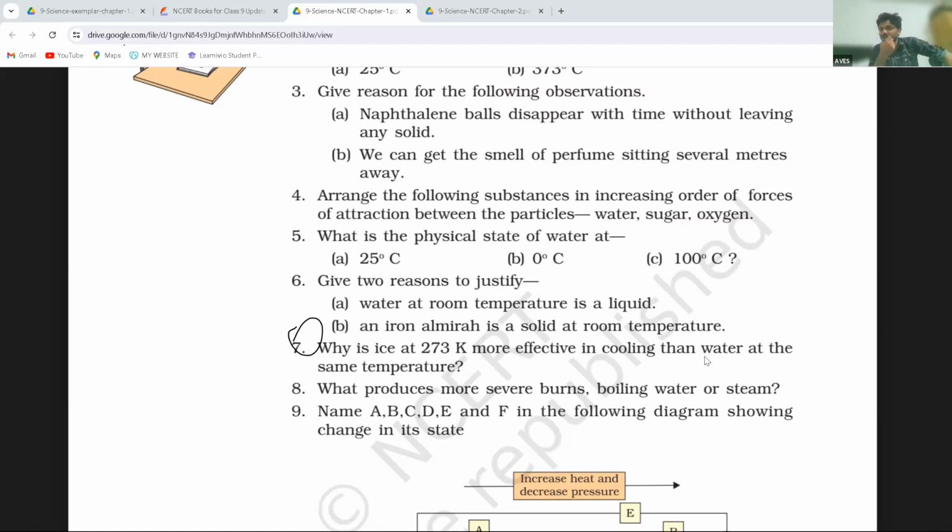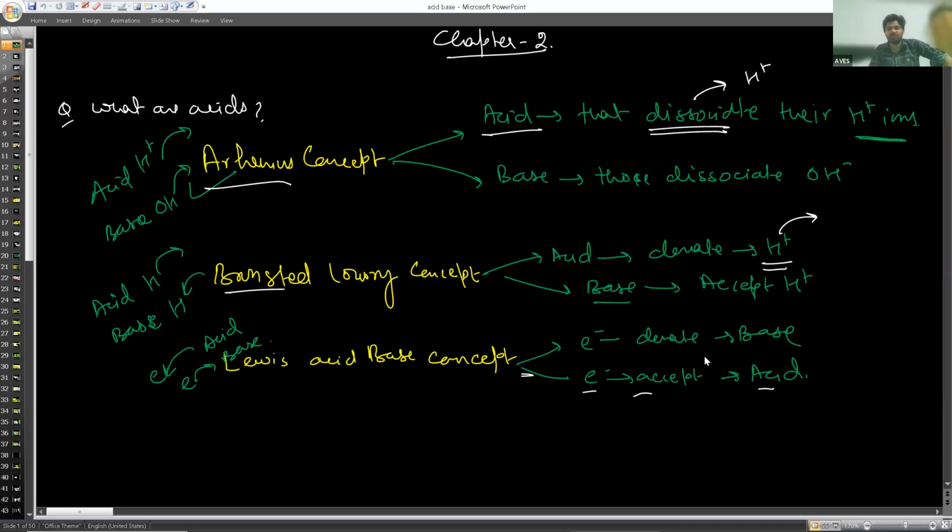So in the previous class, we learned how to write the chemical formula of the compound. Now today, what we are going to study, today's topic. I think we have done the acid base indicator.